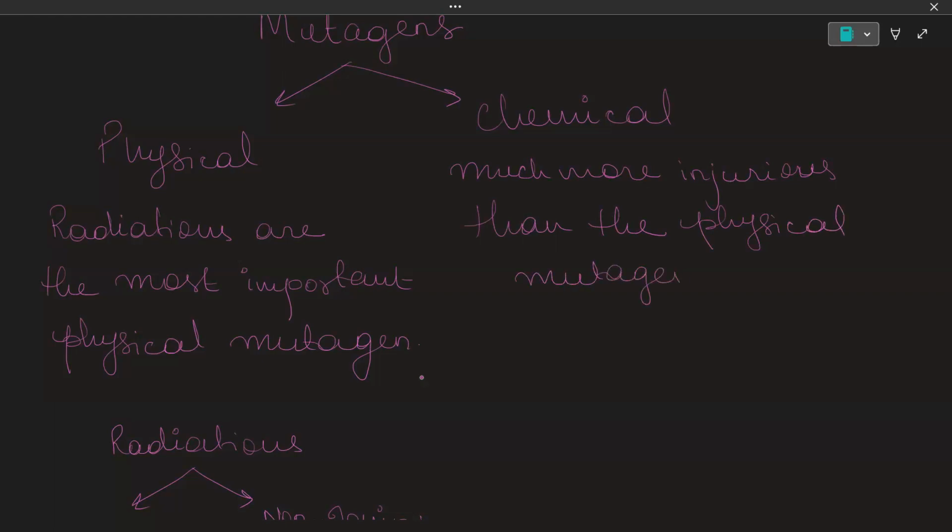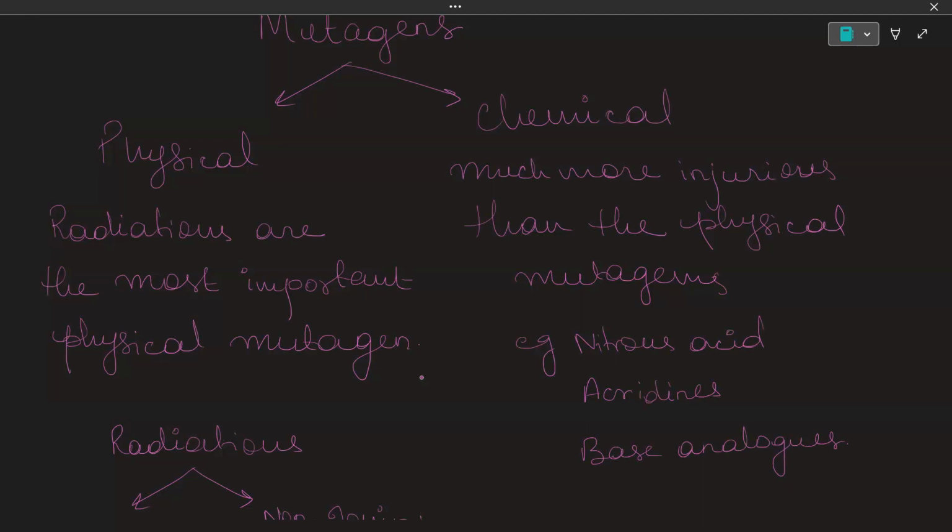Now talking about the examples, we'll write nitrous acid, then there is acridines, and then ultimately there are base analogues. These are your following chemical mutagens. Okay, any doubts up till now?